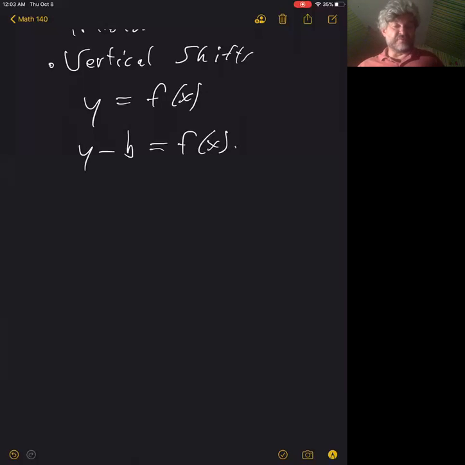What does that do? You could say it shifts the y-axis down b units. But you can also say it shifts the graph up b units.